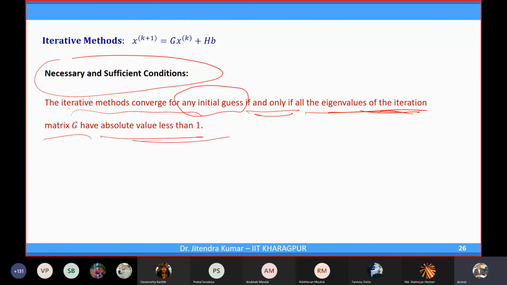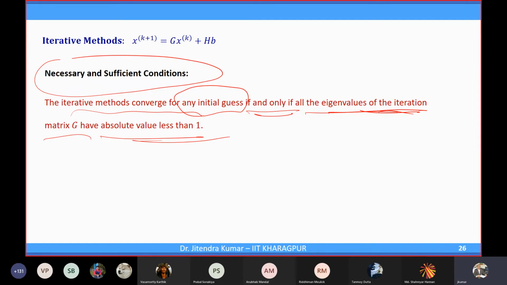Those eigenvalues will tell you, for a given problem, write down the iteration matrix G, compute its eigenvalues, and if all the eigenvalues are less than 1 in absolute value, then the method will converge for any initial guess.